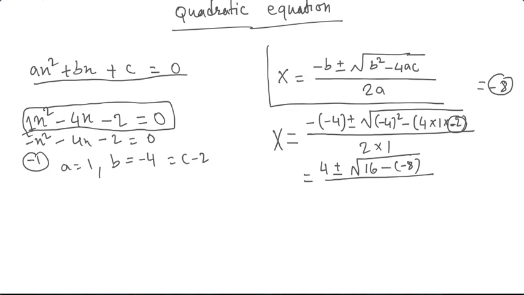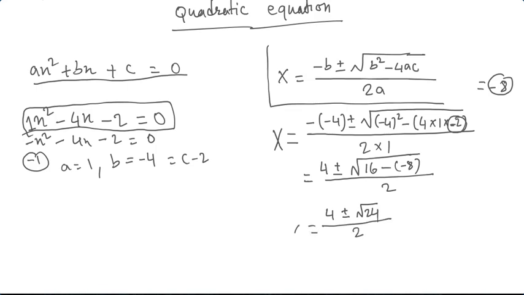All over 2 times 1, that is 2. So this is 4 plus or minus the root of 16 minus minus 8, and minus minus is plus. So that means 16 plus 8, it is 24, right? By 2.